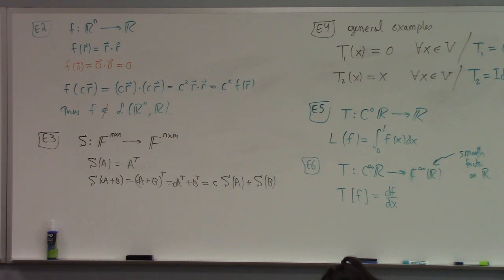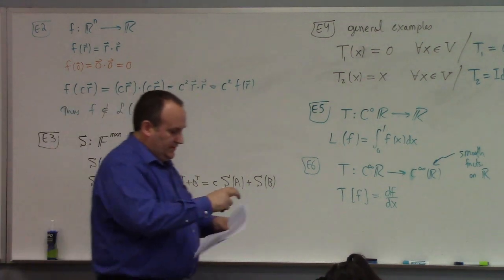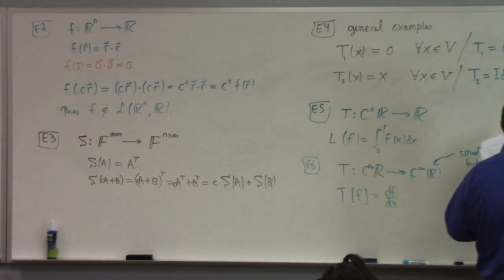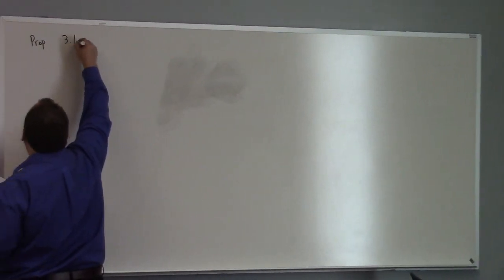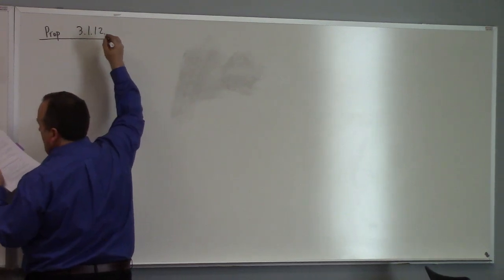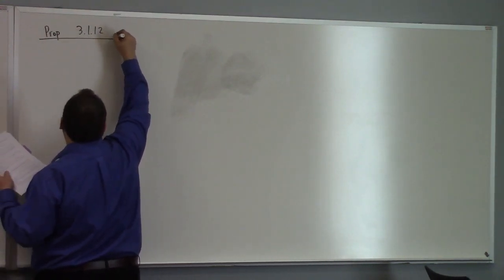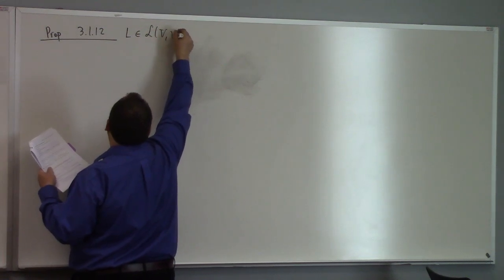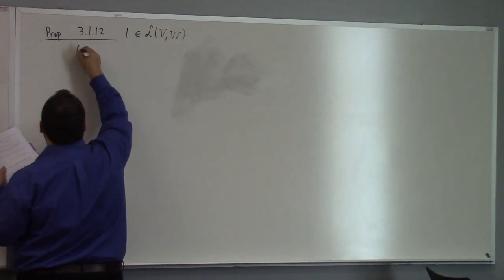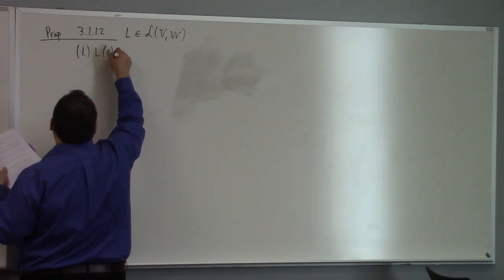What do you think a linear transformation is going to do to a linear combination? So, proposition 3.1.12, we have L an element of the linear transformations from V to W. Point number 1, L of 0 equals 0.